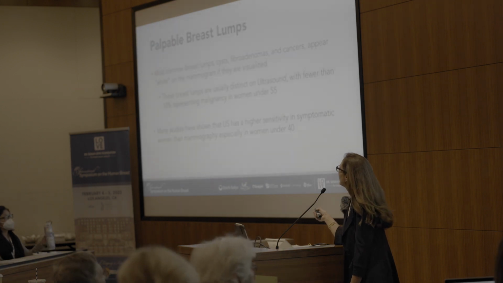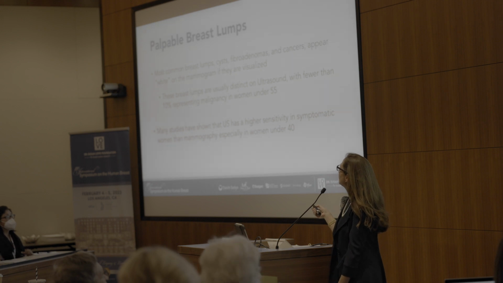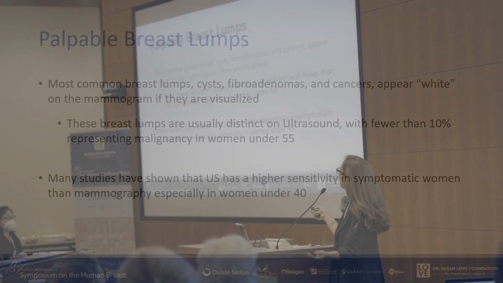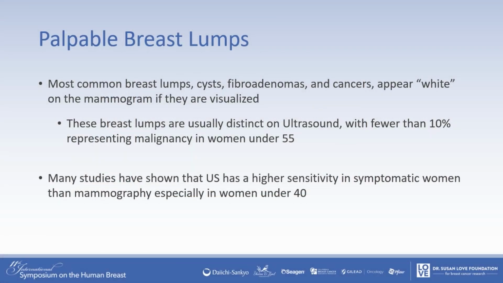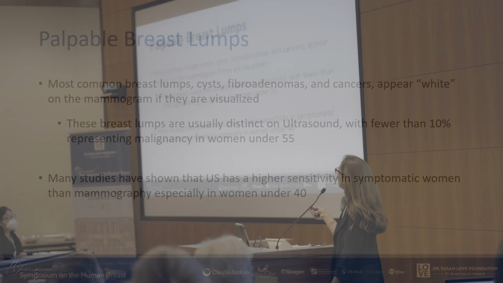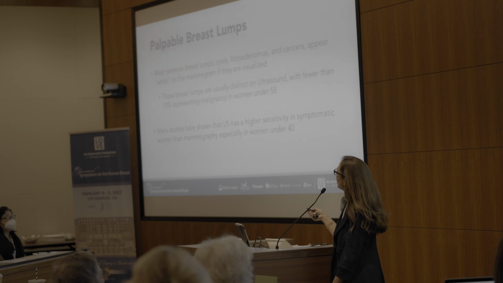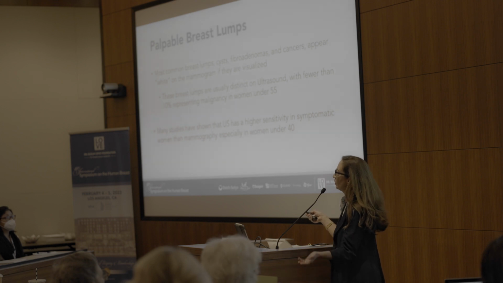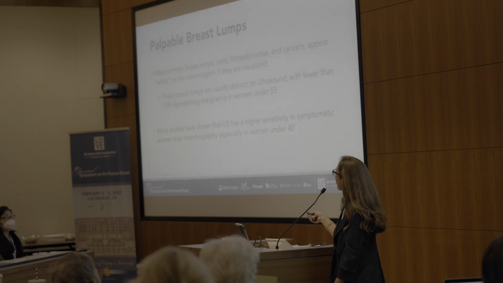Most breast lumps that are palpable are either benign cysts, benign fibroadenomas, or cancer, and they usually all appear white on the mammogram, and ultrasound is very distinct and shows us what these lumps are. Fewer than 10% of palpable lumps represent malignancy in women under 55, and many studies have shown that ultrasound is very sensitive in identifying what palpable lumps are in women, more so than mammography in women under 40.